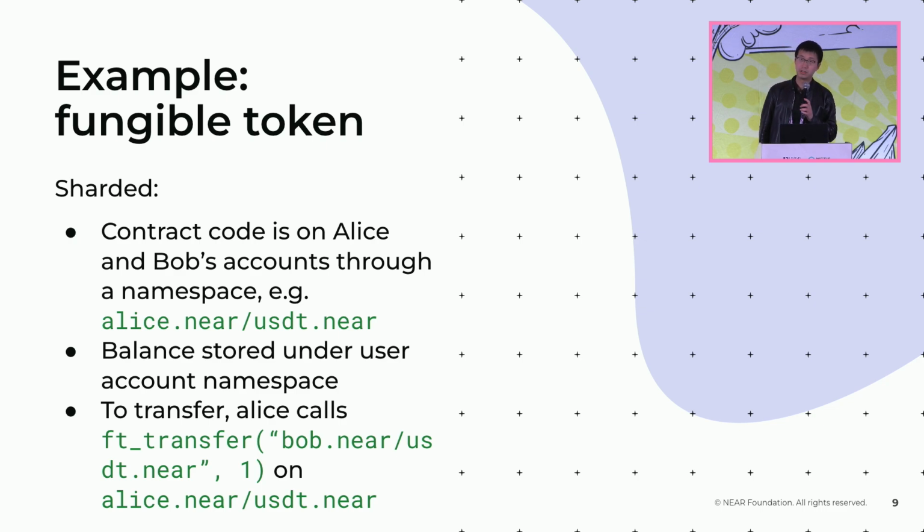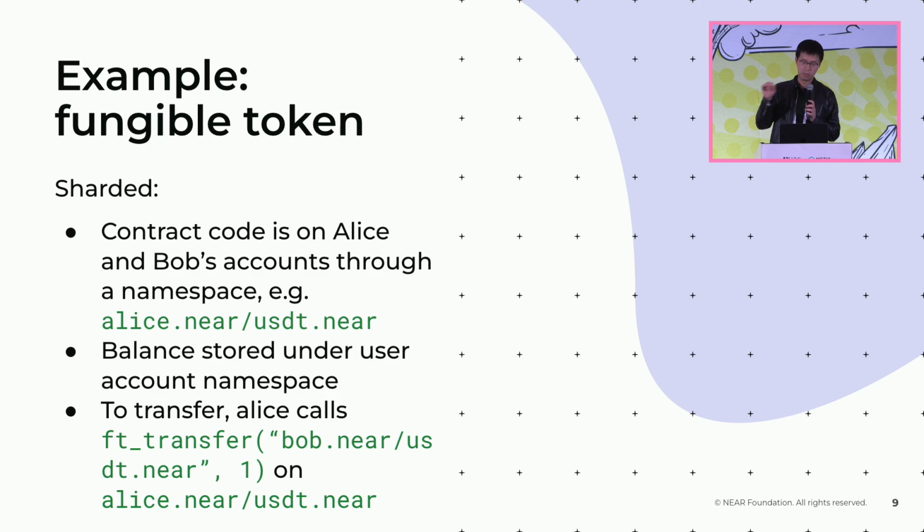If Alice wants to send Bob some USDT, what actually happens is that this Alice.near slash USDT.near namespace calls the namespace on Bob's account and says how many tokens you want to transfer. When it gets executed on Alice's account, the number is deducted, and then when the receipt gets executed on Bob's account, it's incremented there.